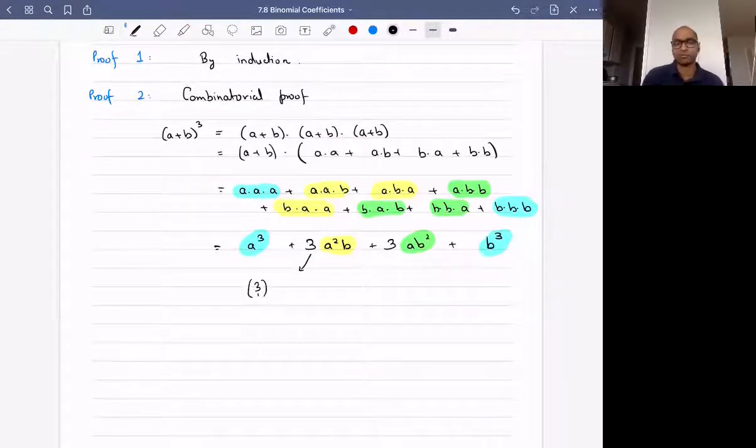Why? Well, what we are doing is we are looking at 3 empty blanks, and we are asking how many ways are there for me to choose a place for B. So I can put a B here, I can put a B here, and I can put a B here, and then the rest will be A's.